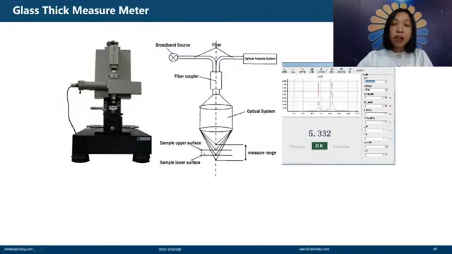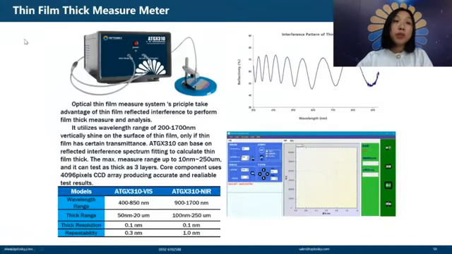We can deduct the distance between the peaks to obtain the glass thickness. It's non-contact, so many customers use this method to measure glass thickness, not to mention thin film measurements.